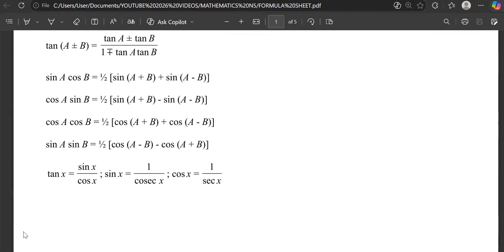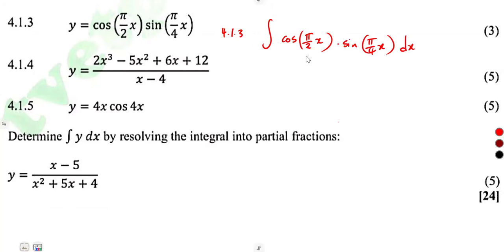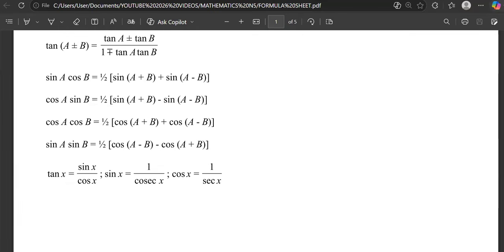So in our case, we can call this one A and this one B. Do we have cos A sine B? Cos A sine B. Sorry for that. So we are going to use this identity, this one. So it's going to be half of sine A plus B minus sine A minus B.